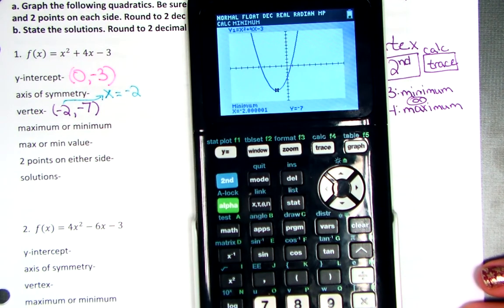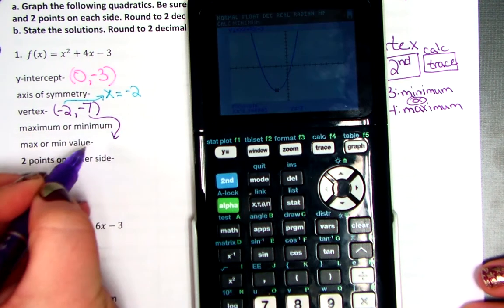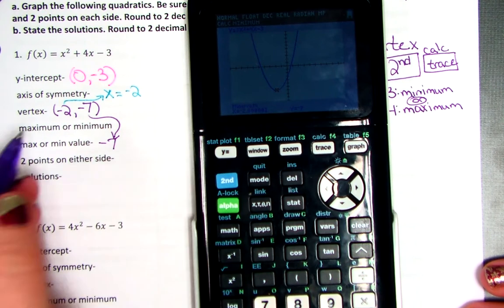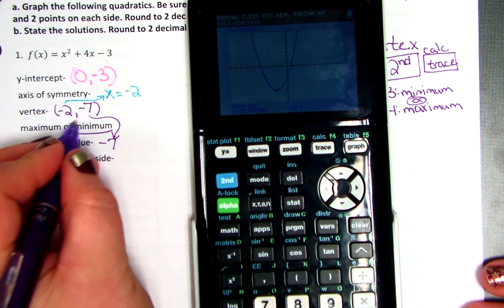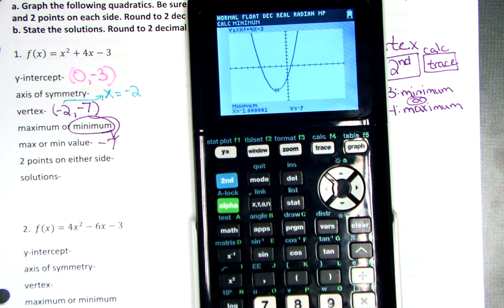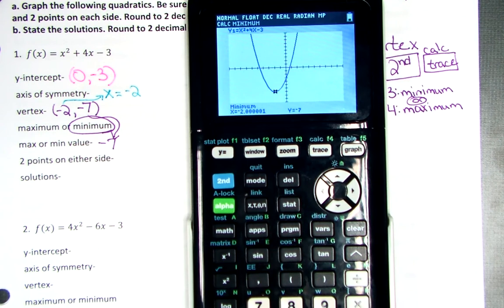The y coordinate of it will always give me my minimum or maximum value. And we already determined that it was a minimum value because it was opening up. So just finding one thing was able to find all sorts of other parts of this quadratic.